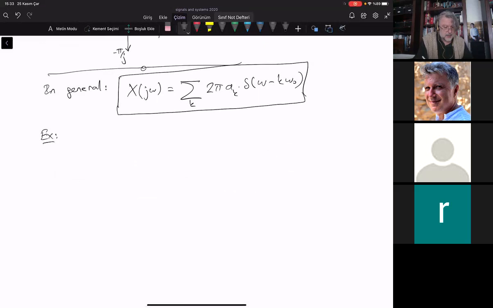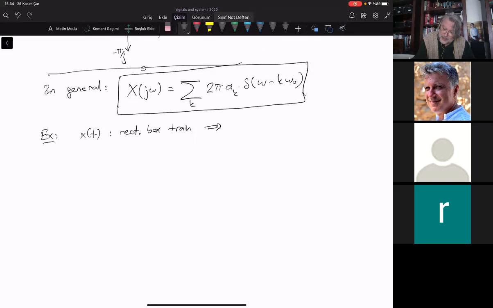The example is for an x of t, which is a rectangular box train from minus t1 to t1. Okay, the example that we saw for Fourier series, and the period is capital T, let's say, or the frequency is 2 pi over capital T. The fundamental frequency omega 0 is 2 pi over capital T.